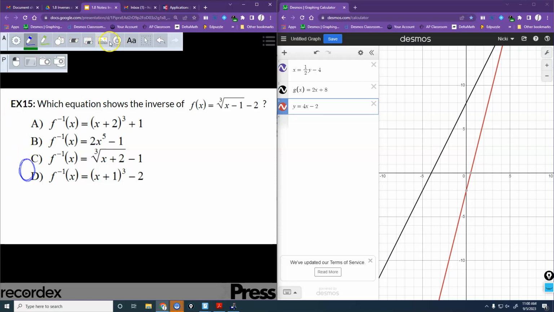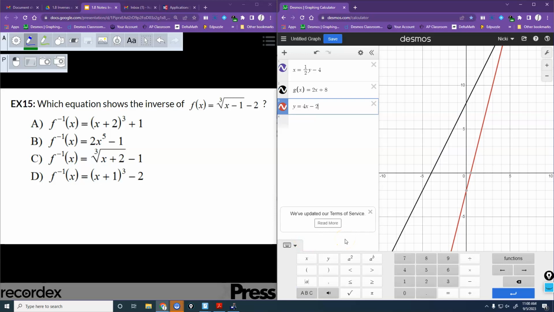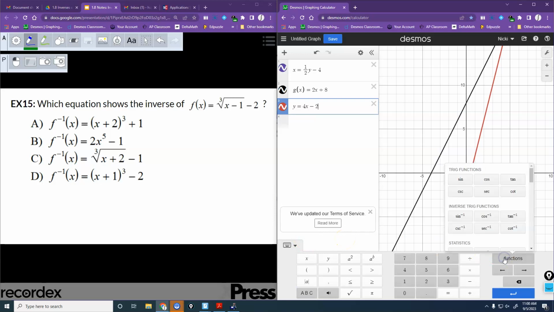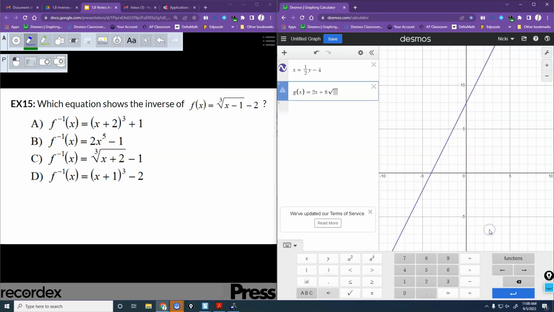To do a cube root on Desmos, if you go down here and go to functions, at the very bottom right here, there's like an n with a square root. If you click that, it'll let you put a 3 right there.